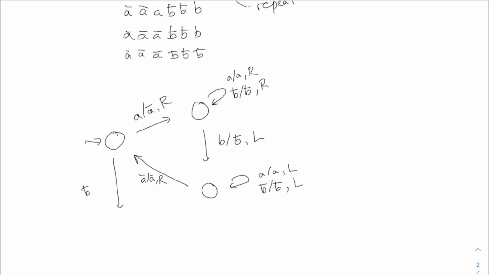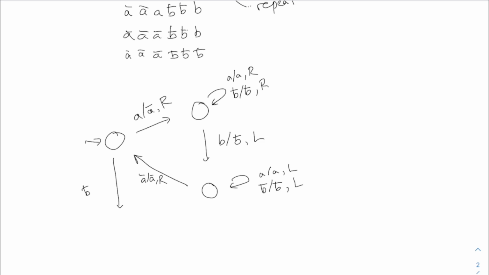Then you go back to the left in this state until you reach an A bar, and then you move to the right one more time. You find yourself in the starting state pointing at a B bar. So if you ever find yourself in the starting state pointing at a B bar, that means that you've already marked all the A's and turned them into A bars, which basically means that you're done.